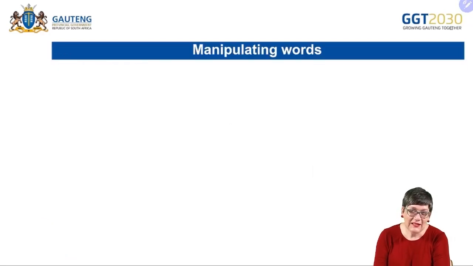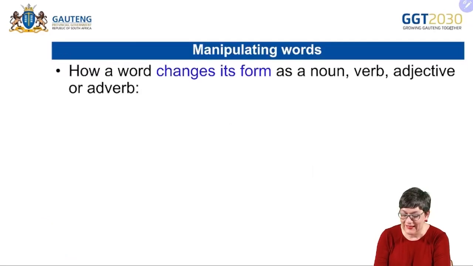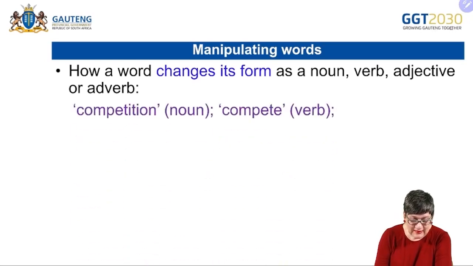Now, obviously, we are doing what we call manipulating words. So we're changing words to form a noun or a verb or an adjective or even an adverb. And you will be required to do it as well in the exam. So let me show you how it works. We can give you a word like competition, which is a noun.